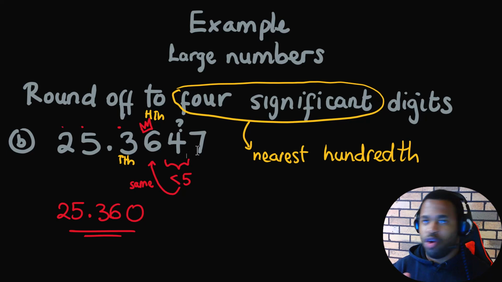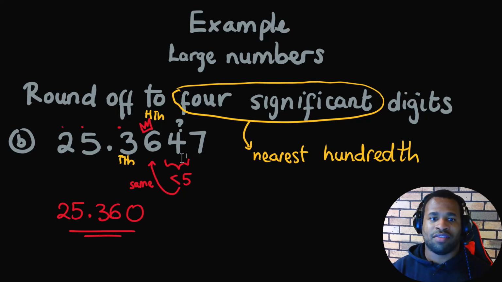Like for example, some students may actually use the 7 and increase the 4 to 5, because 7 is greater than or equal to 5, and this here becomes 5, and then 5 changes this number here because 5 is equal to 5. That means 6 becomes 7. That is not allowed at all.